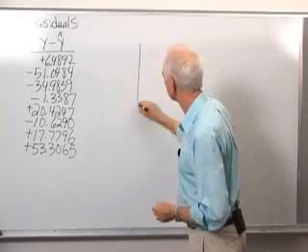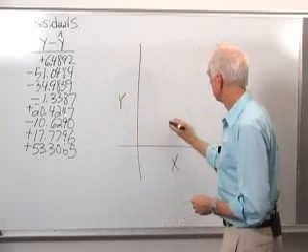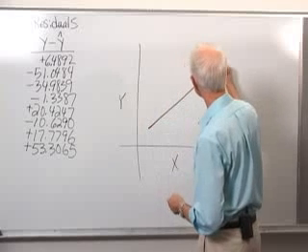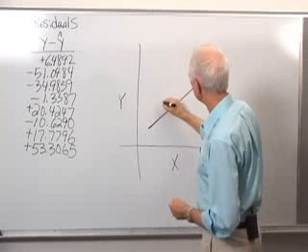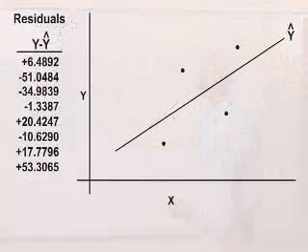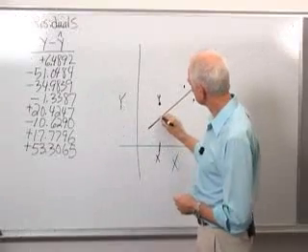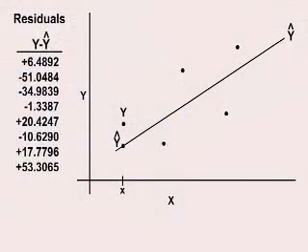Geometrically, we can look at residuals this way. If we have a regression line and we have some points off the line, for a particular value of x, we have a y value here, and associated with that same x, we have the predicted value here on the line.